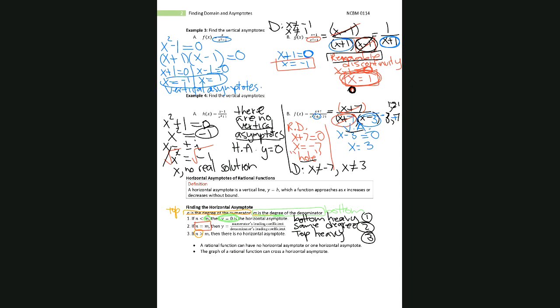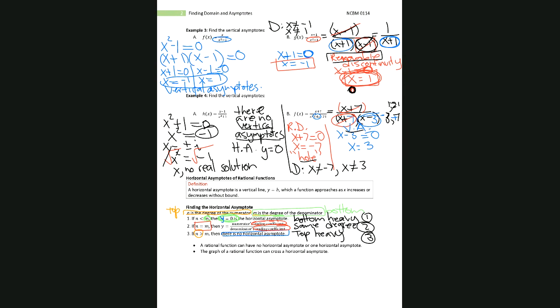So bottom heavy, the horizontal asymptote is y equals 0. Top heavy, no horizontal asymptote. What about same degree? For same degree, we're going to use the leading coefficients and create a ratio, or divide them. The leading coefficient from the numerator divided by the leading coefficient from the denominator.